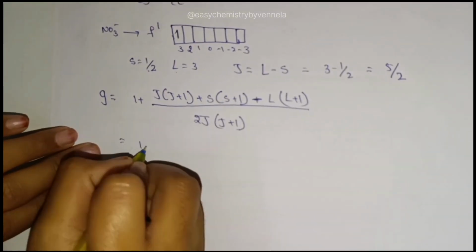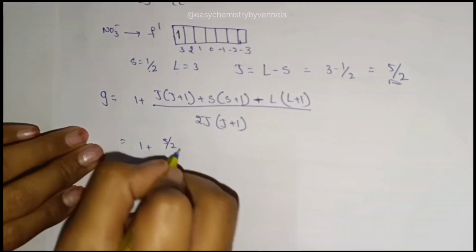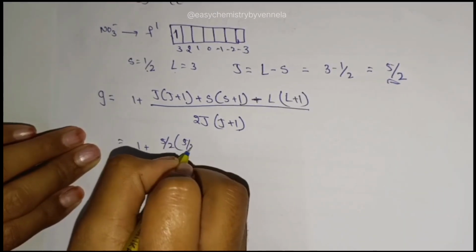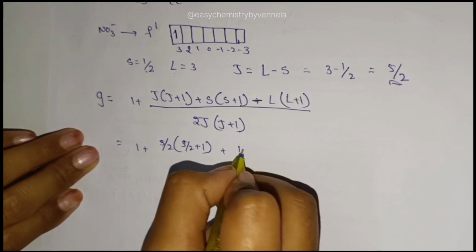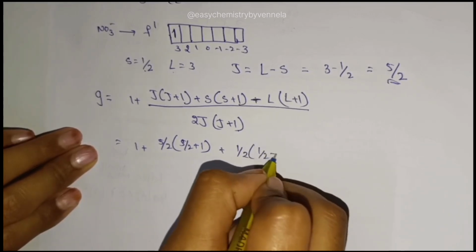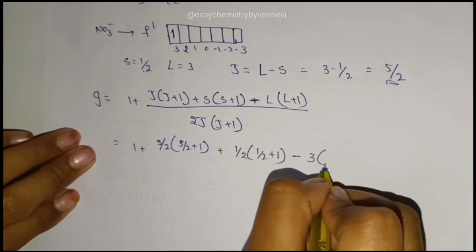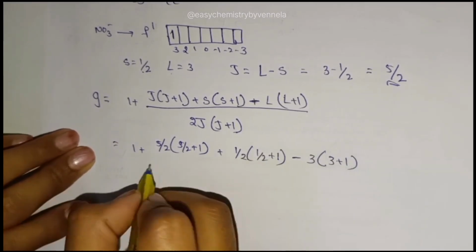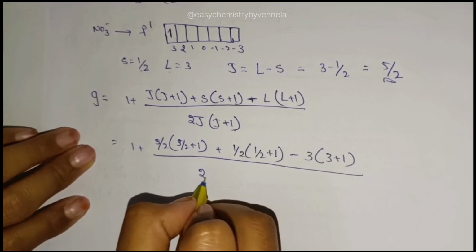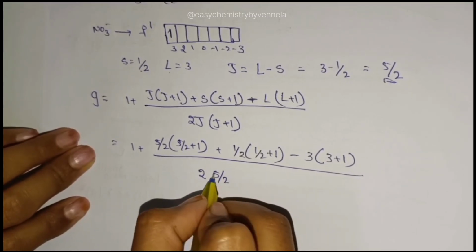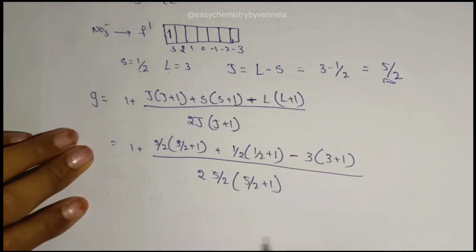Here 1 plus, what is the J value? 5 by 2. 5 by 2 into 5 by 2 plus 1, plus S value is 1 by 2 into 1 by 2 plus 1. Next, minus L is 3, so 3 plus 1 by 2... 5 by 2 plus 1.